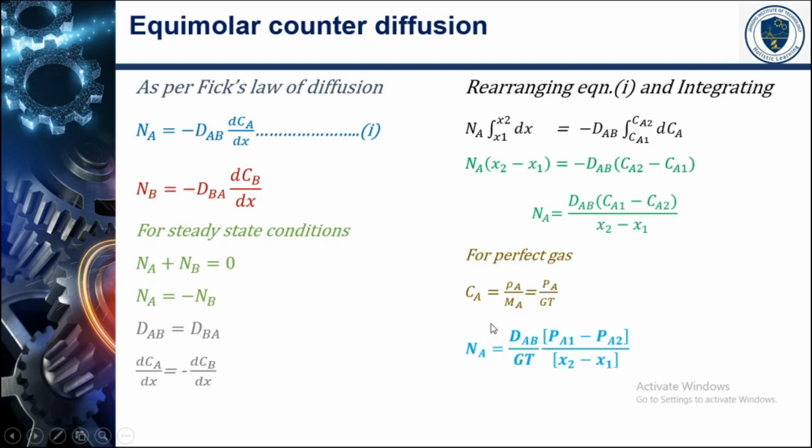Similarly, if you rewrite this equation for species B, that will give Nb is equal to Dba by Gt into Pb1 minus Pb2 divided by x2 minus x1.